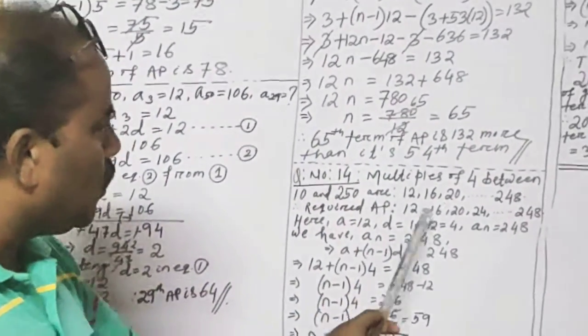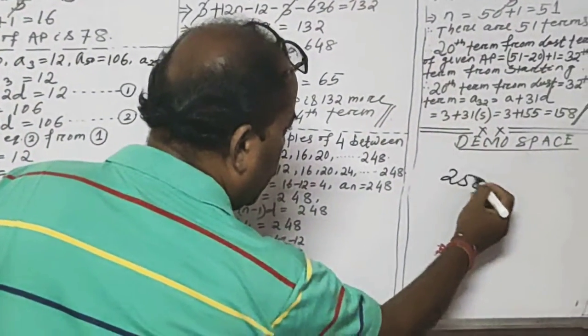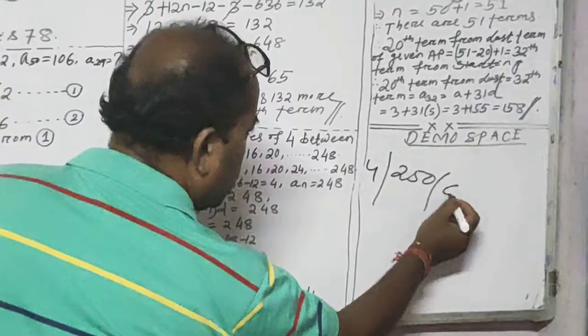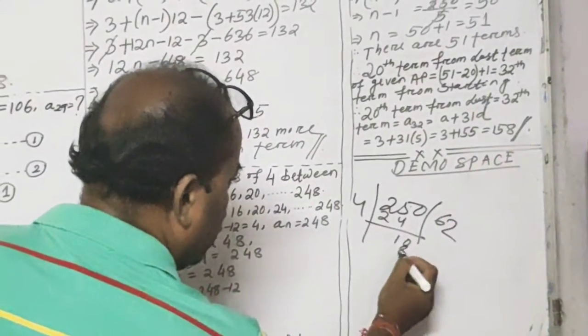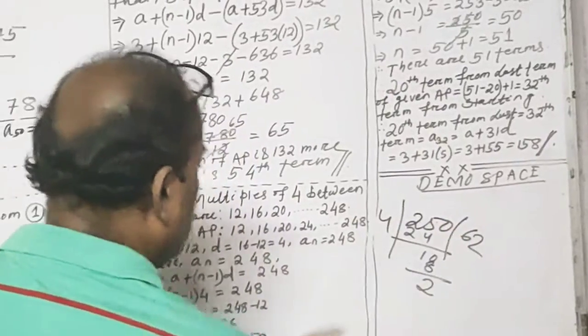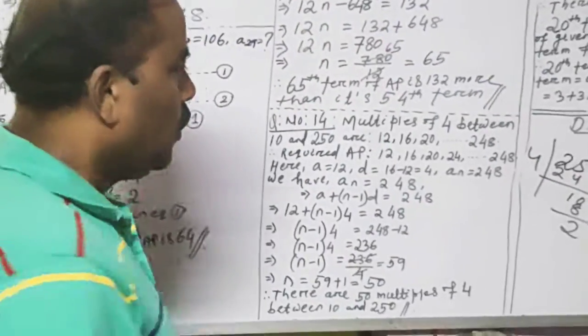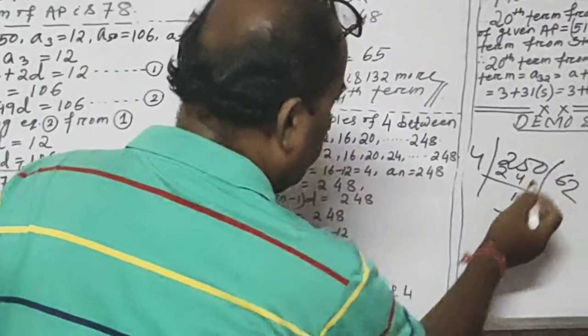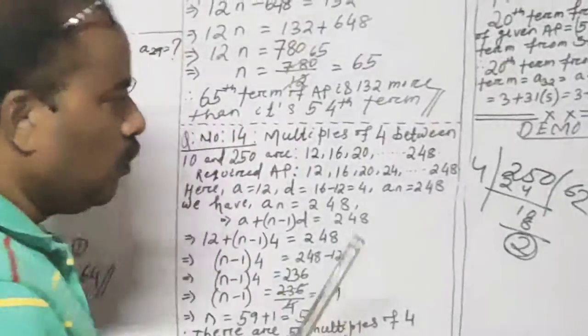250 is not a multiple of 4, because when we divide 250 by 4, 4 sixes are 24, then 1 0, 4 twos are 8, and 2 is left. So 250 is not a multiple, and 249 is not a multiple either. How to find out? We divide 250 by 4, and the 2 is the remainder.